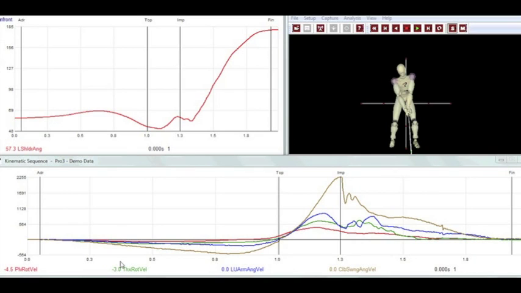On the top left-hand side of the screen, you will see this lead shoulder angle. This 57.3 is sitting at address. This particular golfer has their left arm 33 degrees away from 90 if it were just laying completely straight on the left-hand side of the thorax.